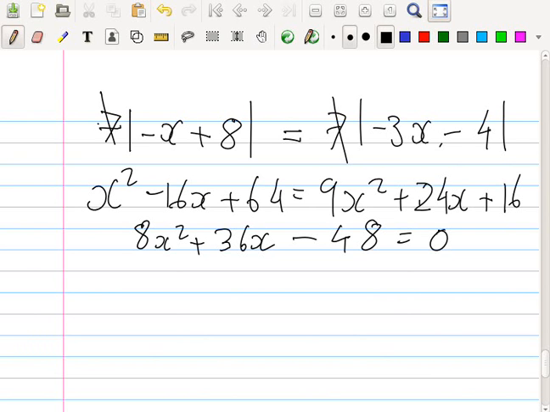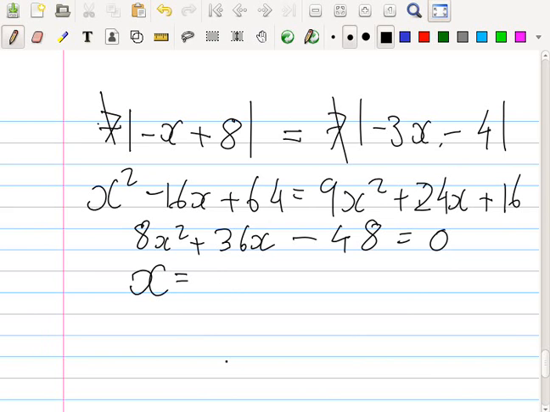And I think I can divide everything here by 8, right? But 6 is not divisible by 8. I wonder if I made a mistake. Does this have solutions? Fractions are okay, I'll tolerate fractions.